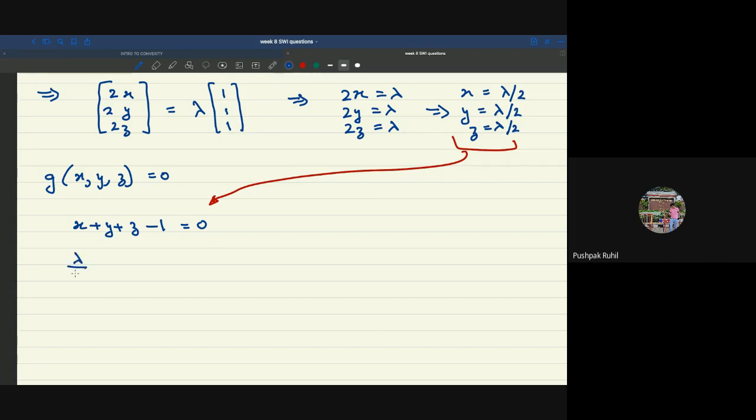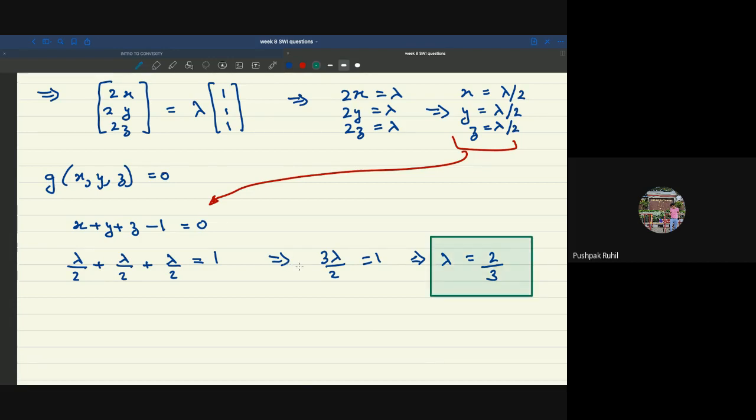So we'll have lambda by 2 plus lambda by 2 plus lambda by 2 equal to 1. Taking the 1 to the right hand side, 3 lambda by 2 is equal to 1, and your lambda is equal to 2 by 3. Okay, so simply this is what you get.